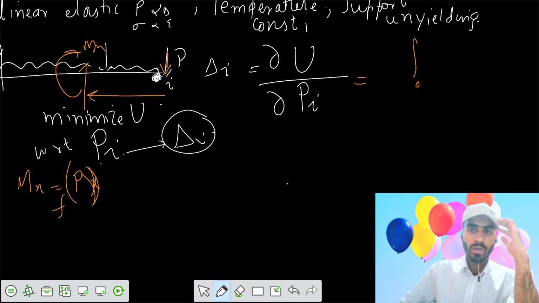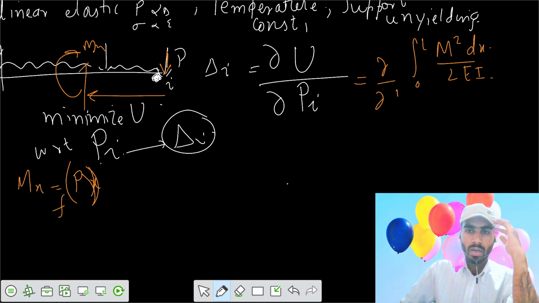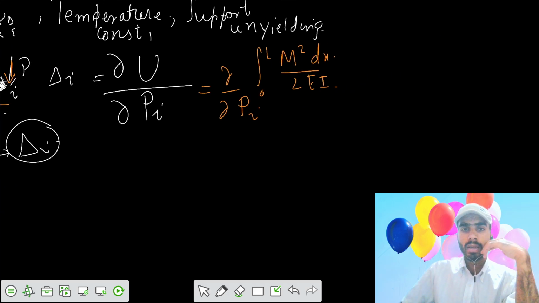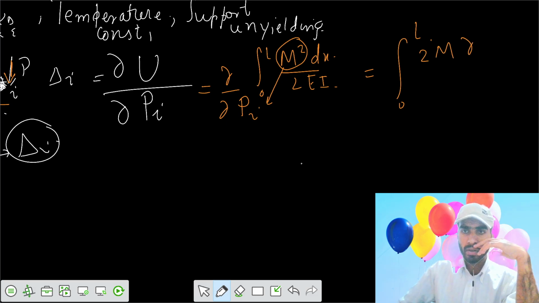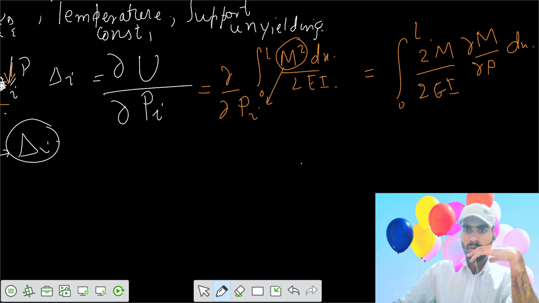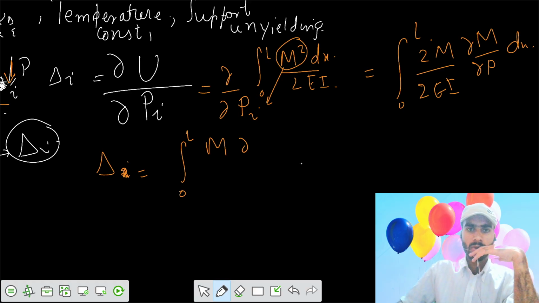Strain energy is the integral from 0 to L of M squared dx by 2EI, and this has to be differentiated with respect to the load P at location i. Since M is a function of P, differentiating gives 2 into M into dM by dP, dx by 2EI. Finally, the delta at location i equals the integral from 0 to L of M dM by dP dx by EI.